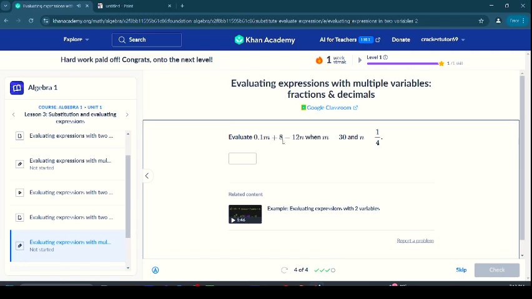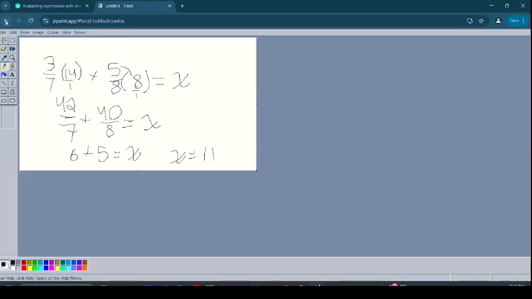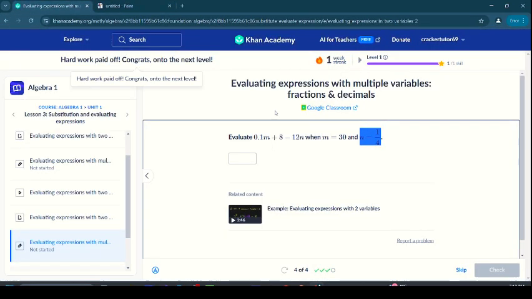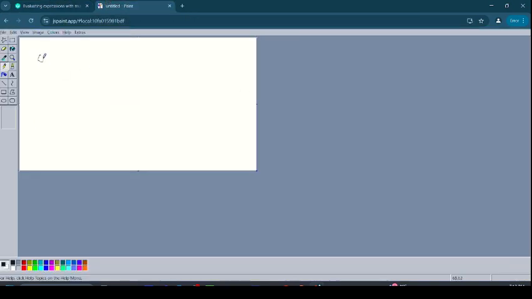Okay, and then 0.1 m times 8 minus 12n, when m equals 30 and n equals 1 over 4. So it's better to reset that. And so let's write out our equation. So 0.1 times m. These parentheses over here are optional.